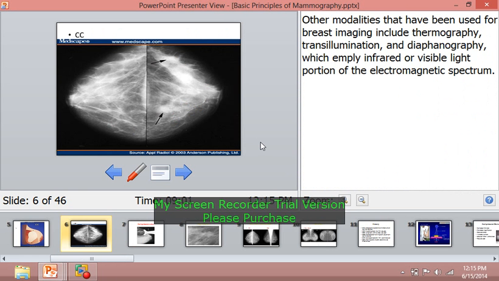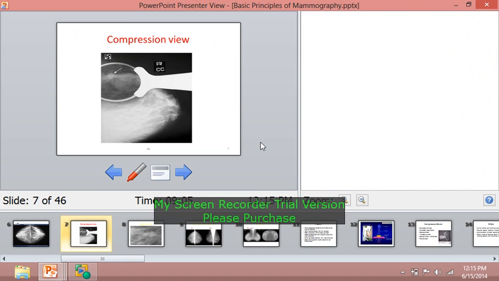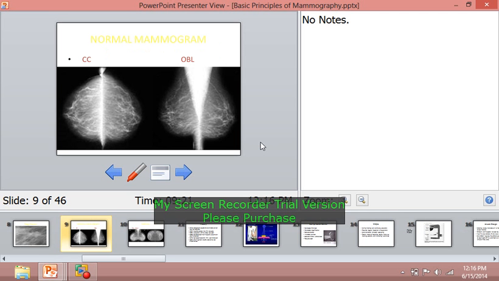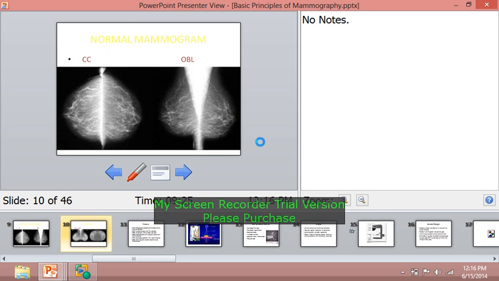And you can see oval. And in the compression view, we compress the breast tissue of the desired region of interest. This is the magnification view, where we magnify where we want to magnify. So this is the CC view and the oblique view.